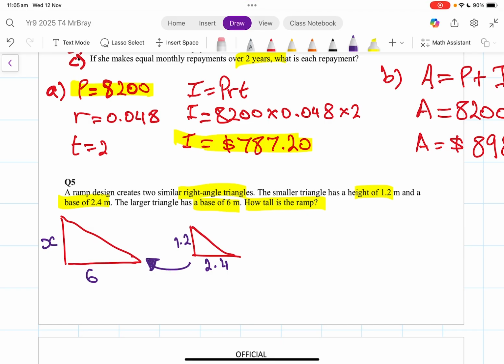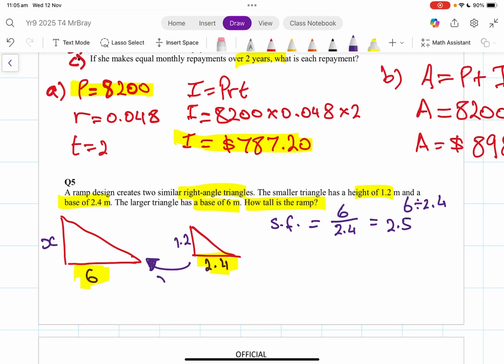If I was then to find my scale factor, well, I need a pair of corresponding sides first, which is going to be the bases. If I was to find my scale factor, that is going to be 6 divided by 2.4, which, just as a reminder, in the calculator you can just straight up do 6 divided by 2.4, and we will get 2.5.